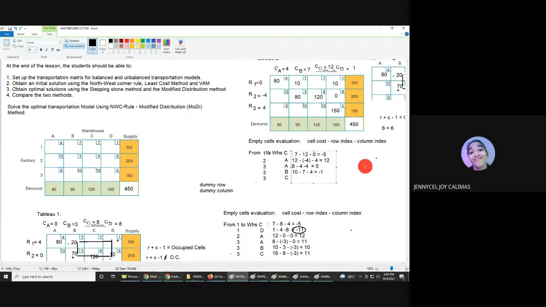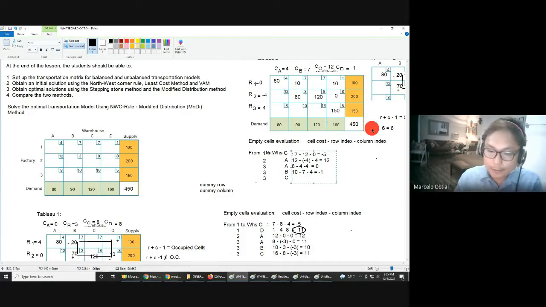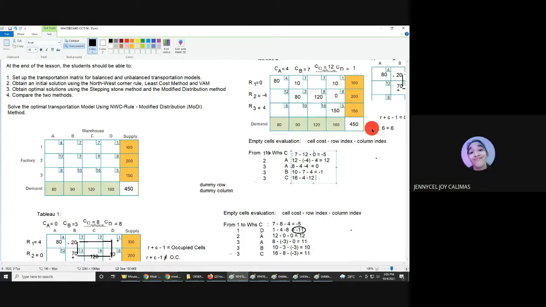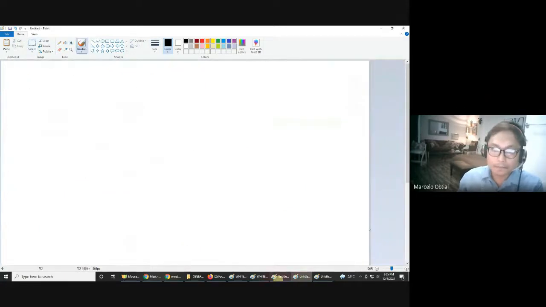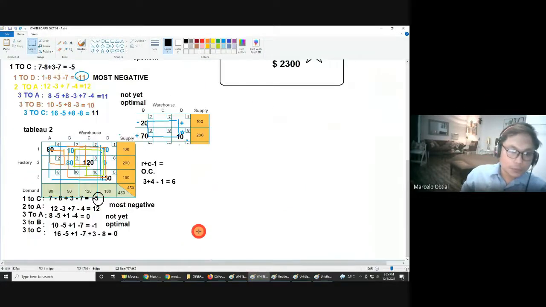Okay. 3C. 16 minus 4 minus 12. 0, sir. Okay, 0. We already solved this with the stepping stone method. It should be the same, but this is a shortcut. Okay, let's check. Okay, tableau 2. Okay, this is it.